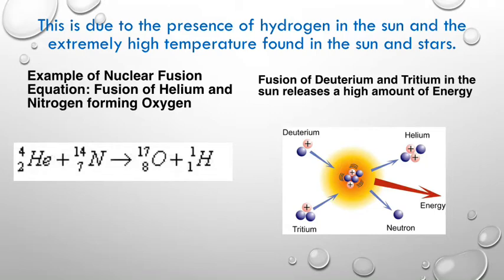And as I said earlier, in the sun we have deuterium and tritium coming together to form helium. That is what we have in the second diagram. You can see the deuterium and the tritium. The arrows taking them in mean that they are coming together. They form helium, release a very high amount of energy, and also release a neutron in that reaction.